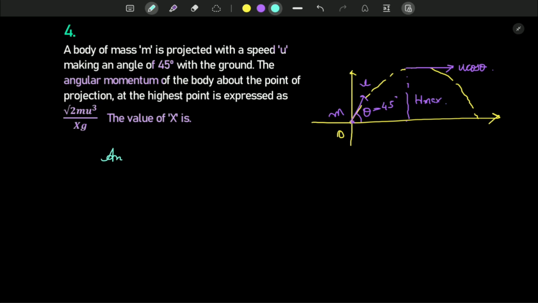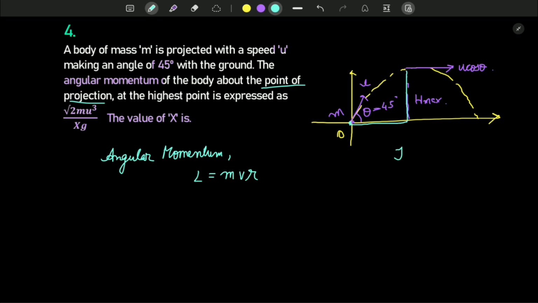So angular momentum L equals mvr, and I have to find the angular momentum from the origin, the point of projection, because I have taken the origin as the point of projection. So this height h max is r.